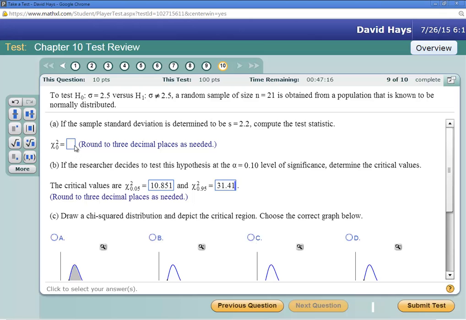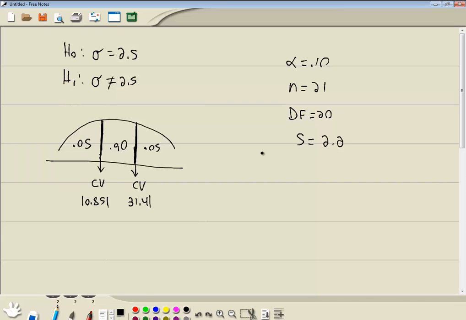Now our test statistic. Test statistic is from our formula n minus 1 times s squared divided by sigma naught squared. So we're going to have n, which is 21. So we got 21 minus 1 times s squared, so put 2.2 squared over sigma naught, which is a number off of our claim, 2.5 squared.